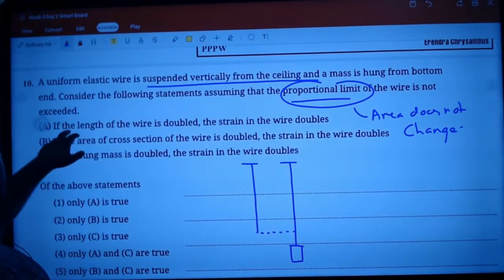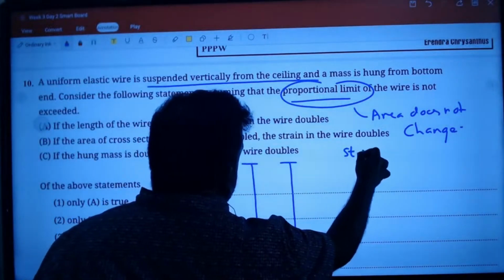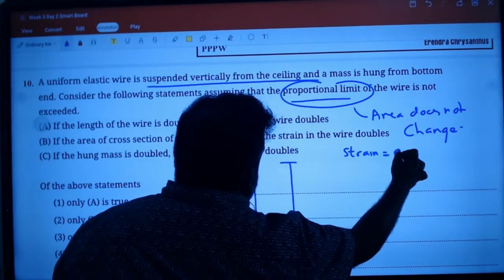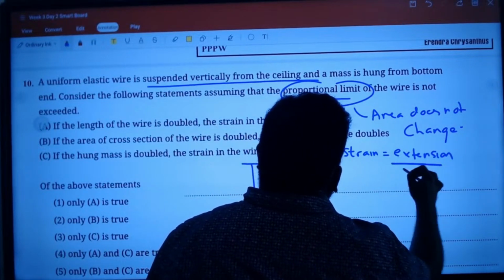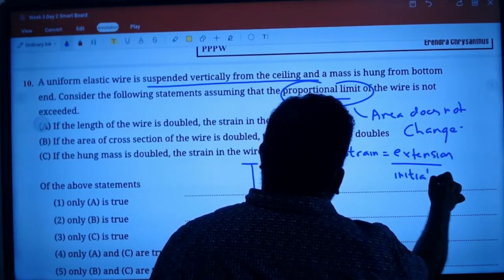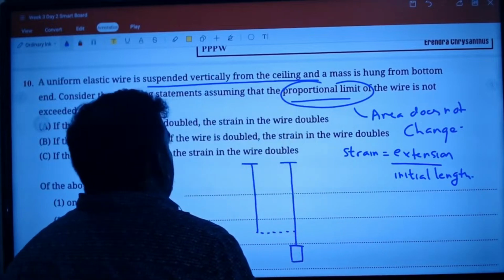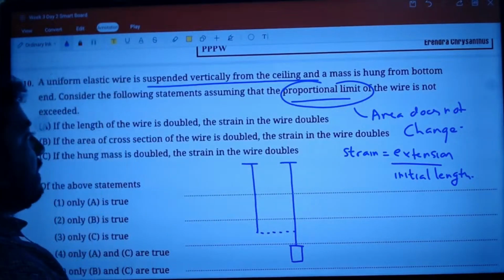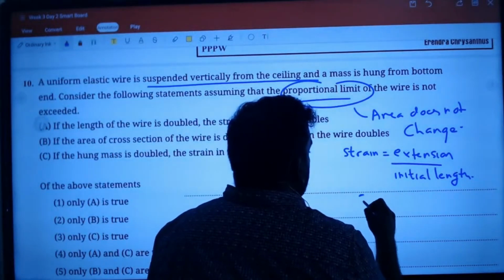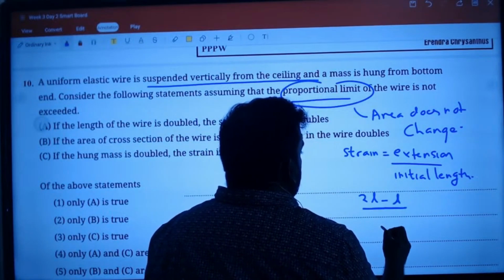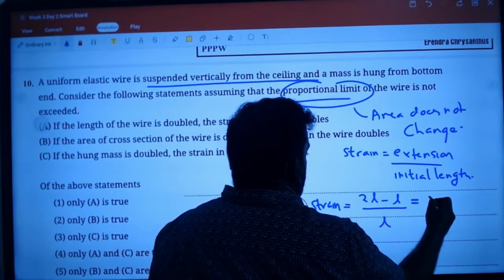Right. First one: if the length is double, the strain will double. The equation: strain is extension divided by initial length. When the length of the wire is double, the extension is 2L minus L, and the initial length is L. What can you say about the strain?